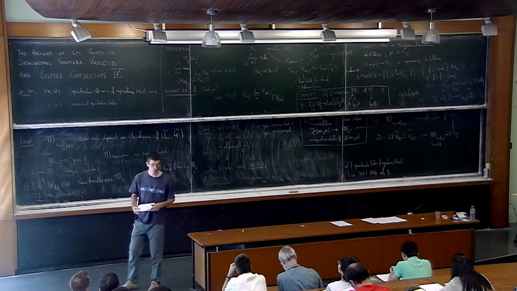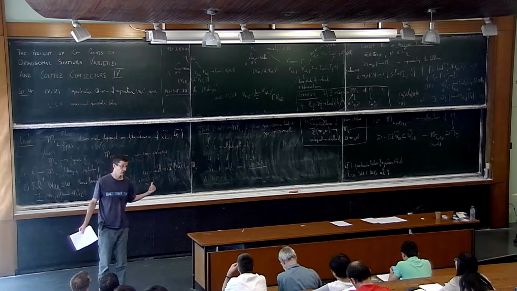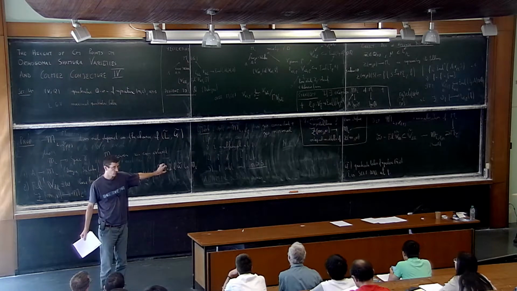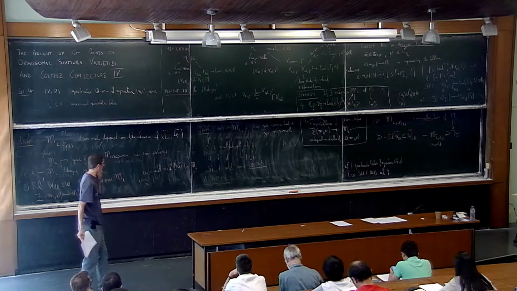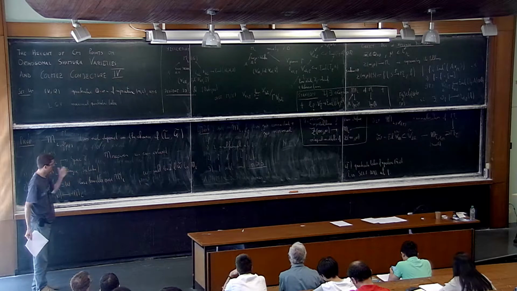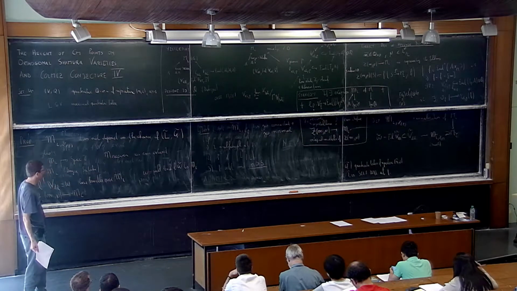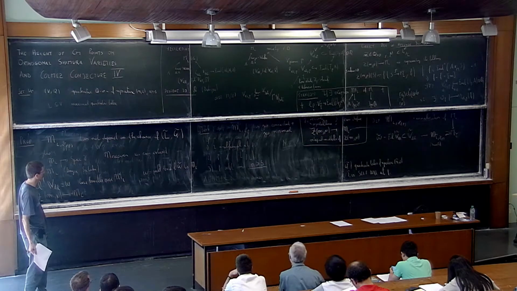So if you want, for example, to check normality by using Serre's criterion, it's enough to know what happens at codimension 1 points, essentially. And that's what is guaranteed by that requirement that n is bigger or equal to 5.